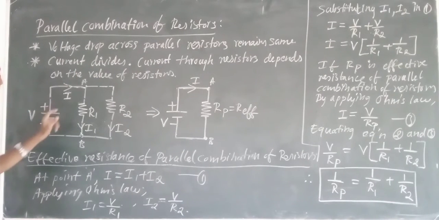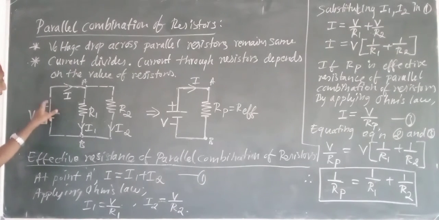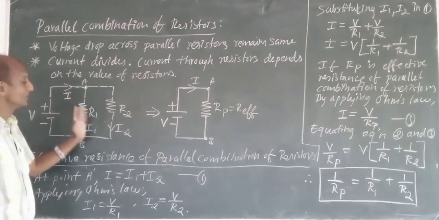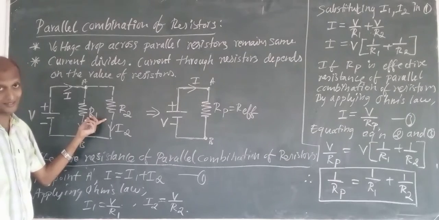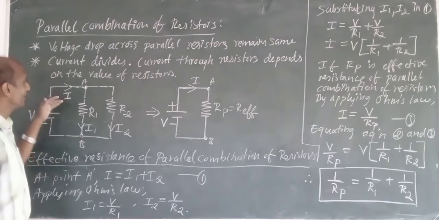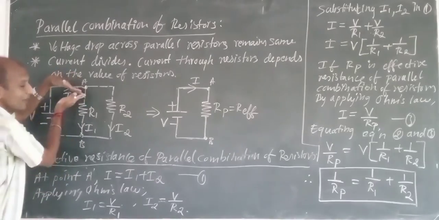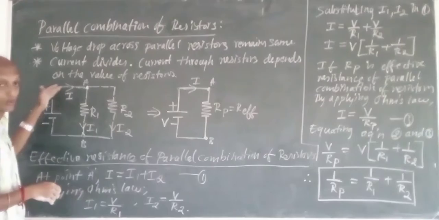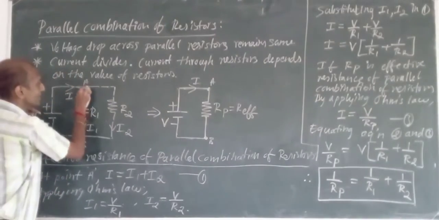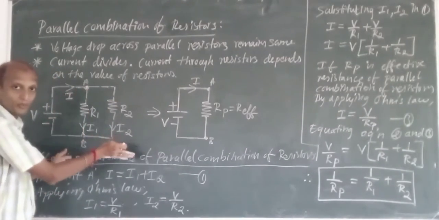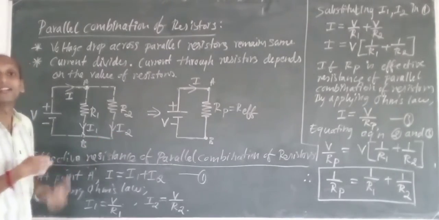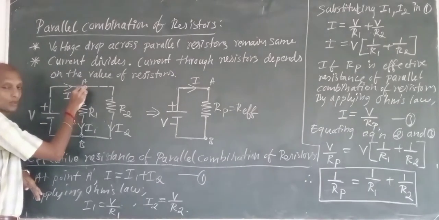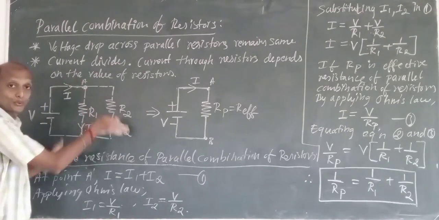Okay, fine. So after this we will go for the current. Current divides. After applying this voltage, current I starts to flow here. When it comes here, we have two resistors. So I have a single main road that goes to a junction wherein it divides into two roads.